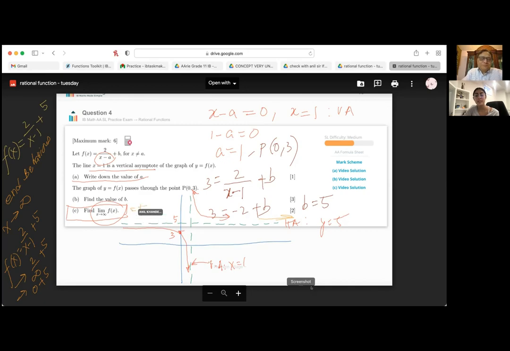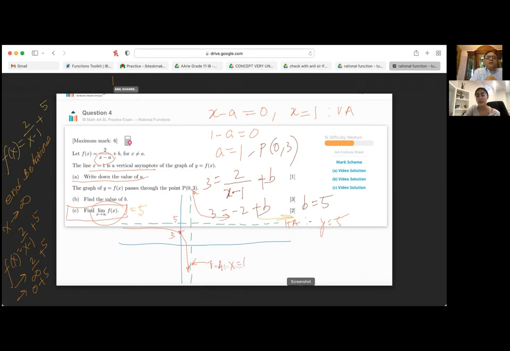So basically, when they talk about a limit approaching a large infinity number, we just look at our horizontal asymptote for that value? That is the definition of horizontal asymptote. So how is horizontal asymptote defined?